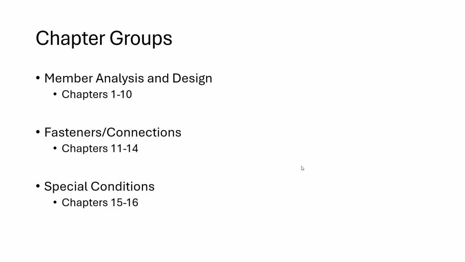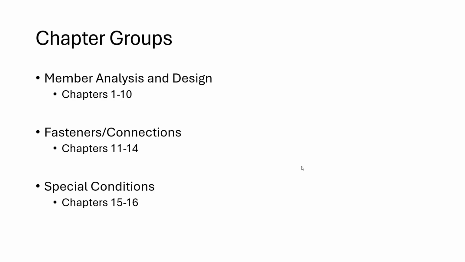So to make note of that, it isn't really seen, and even with the PE Civil Structural Exam, you don't really touch on that because Chapter 15 is special loading conditions, and Chapter 16 is fire design of wood members.